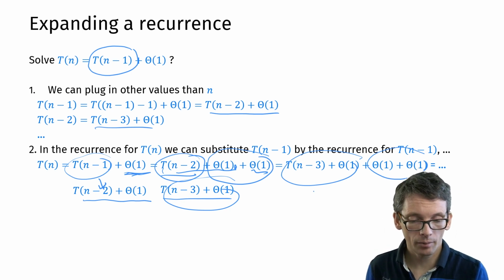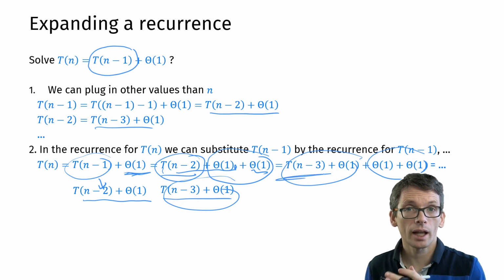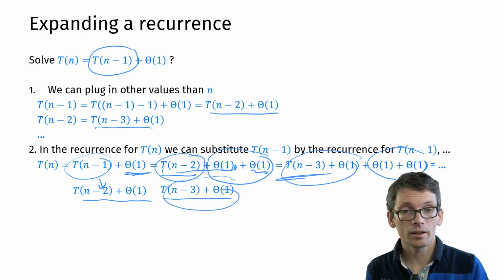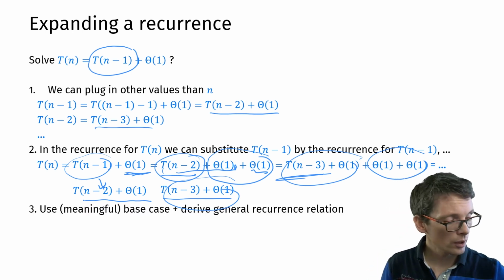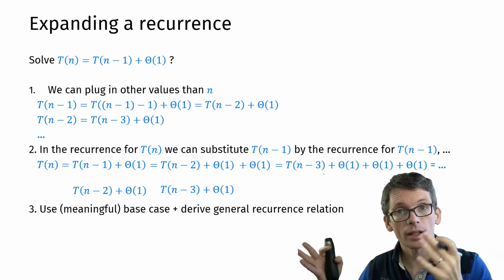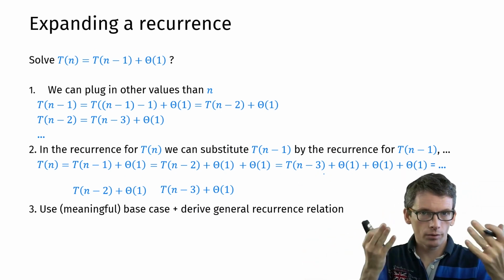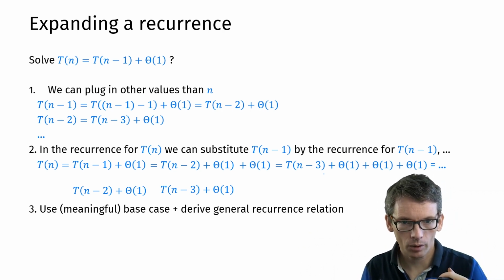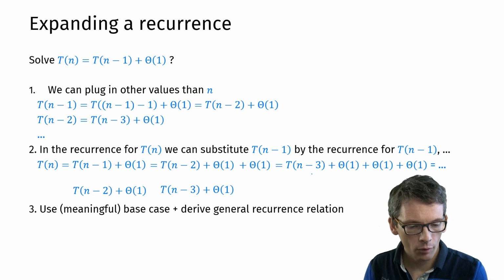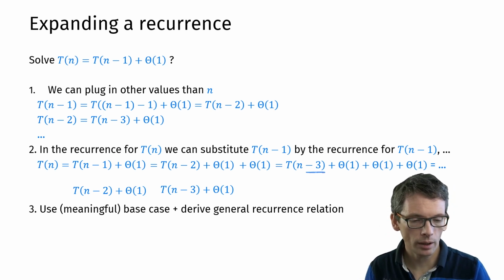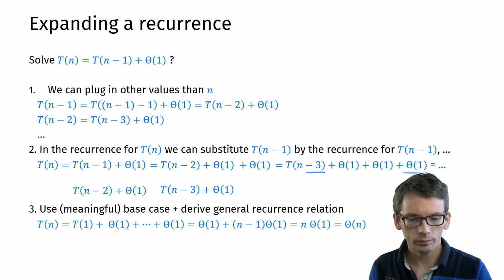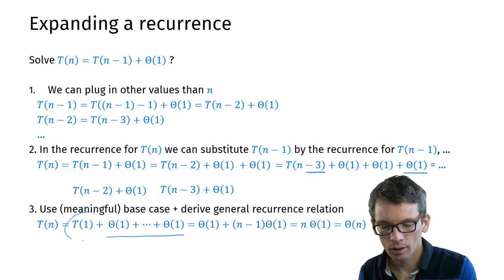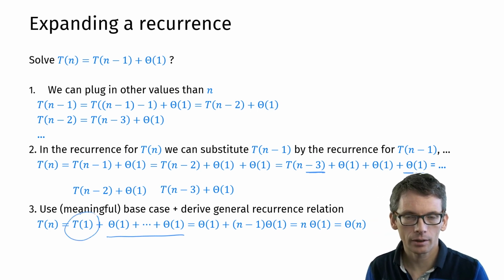In this way I can reduce the value in the argument further and further. Eventually we will hit the base case. Here we should use some kind of base case: either there's a base case given, then we use that, or we use a meaningful base case of simply theta of 1 and derive the general recurrence. What we have here is that every time I go down by 1, I get an extra theta of 1. That means I get lots of these theta of 1s until I hit n is 1, so until I hit T of 1.